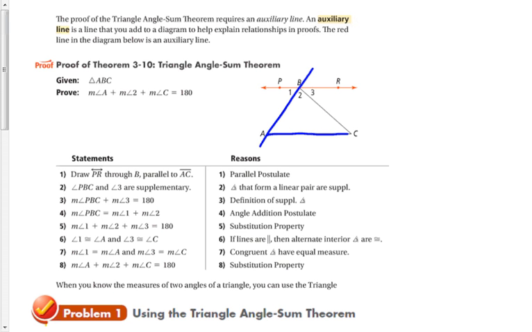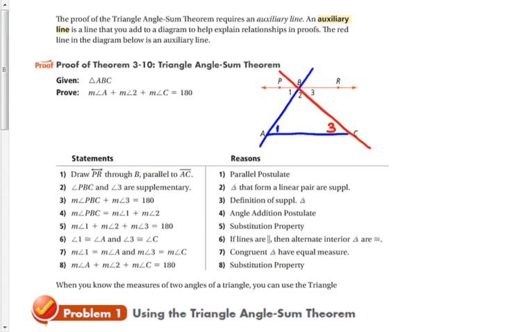Angle 1 is the same as this angle here, because alternate interior angles are congruent. Likewise, if we think of this line as a transversal, then angle 3 is the same as this angle.